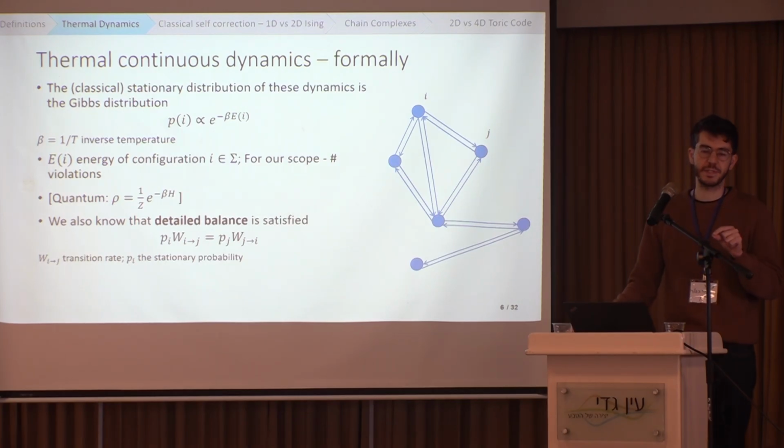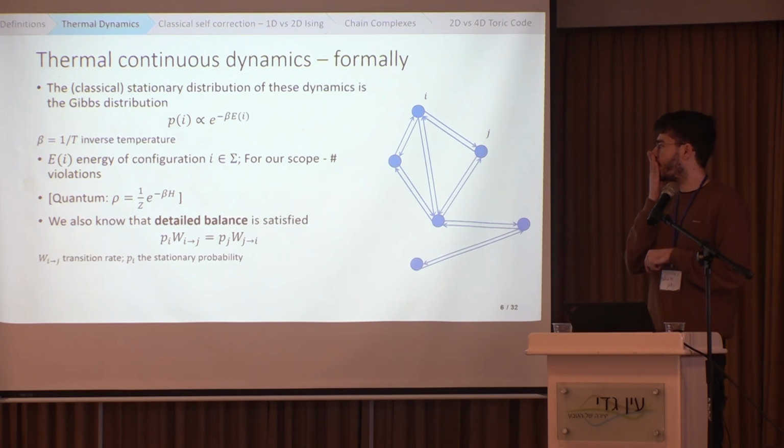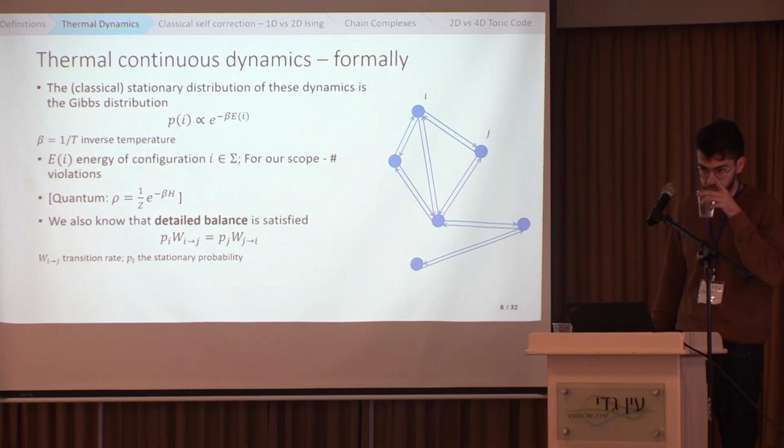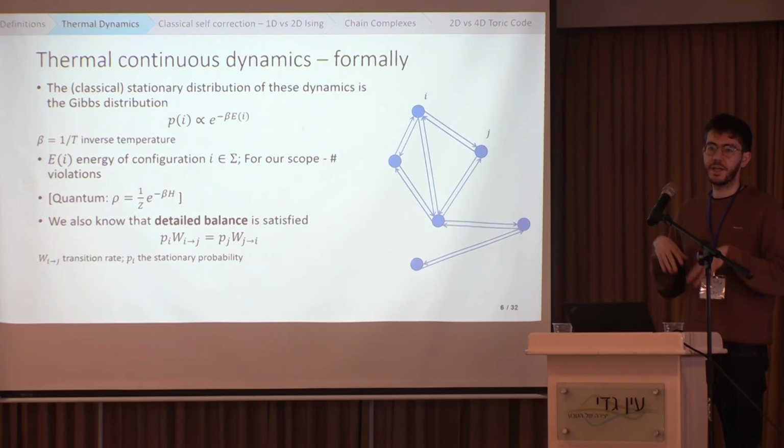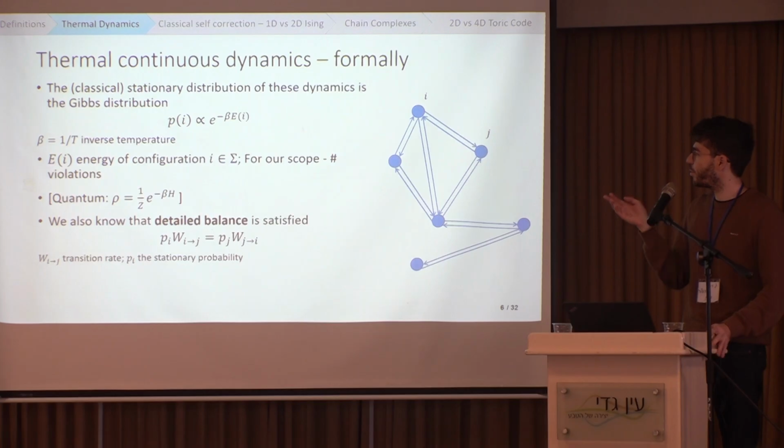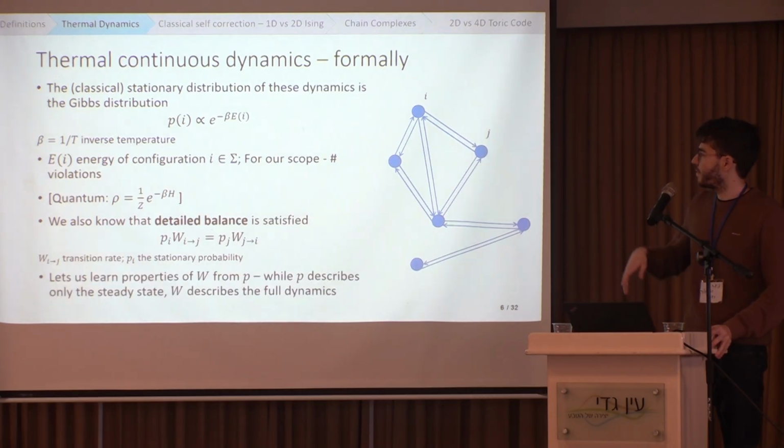So what we care about is the dynamics. We want to know what happens before we reach equilibrium and how much time it takes us to get there, how much time we retain our initial information before we get to the Gibbs distribution. But using detailed balance and the Gibbs distribution, we can infer properties of W, which is the transition rate matrix.